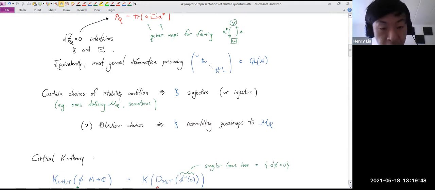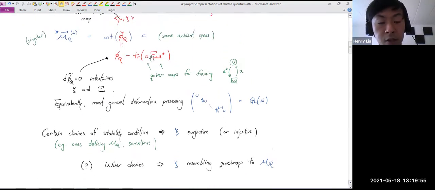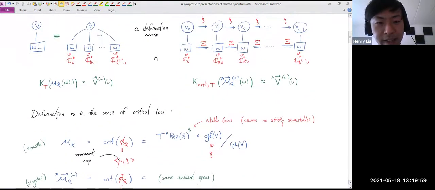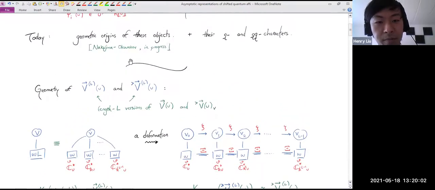And actually, here I should say that this whole geometric story is not due to me. It comes from a work in progress by Nakajima and Andre.